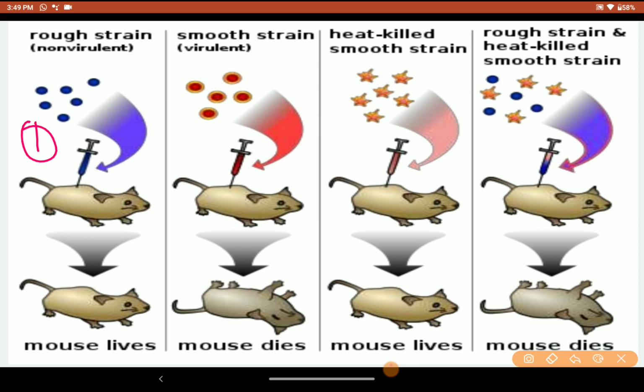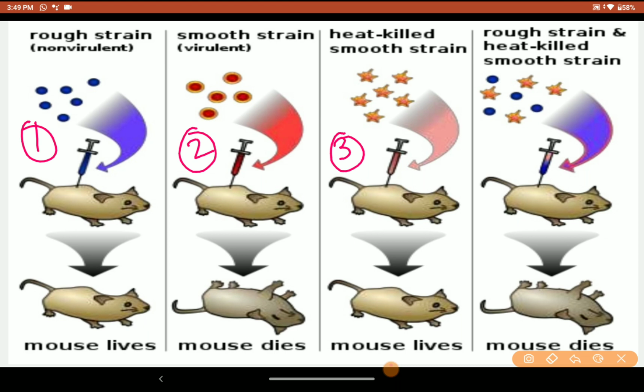In the second case, when the smooth colonies or S strain is injected into the mice, the mice developed pneumonia and because of that the mice die. In the third case, Frederick Griffith heat-killed the S strain.